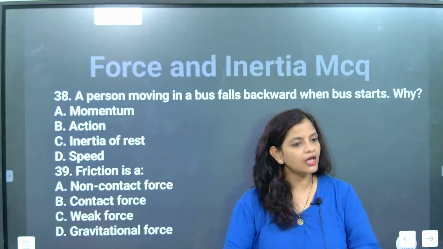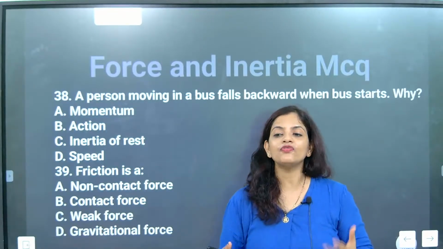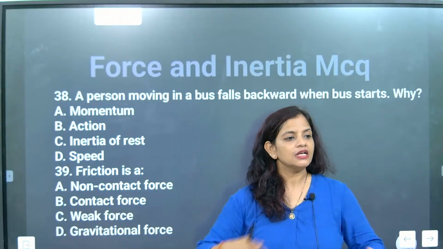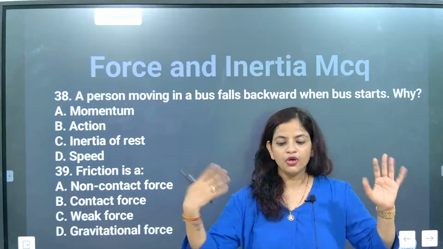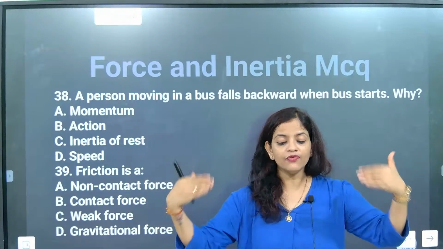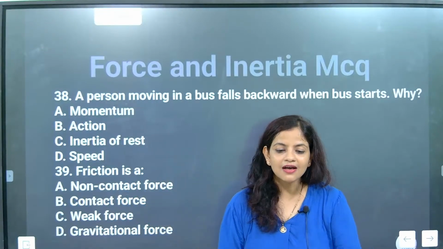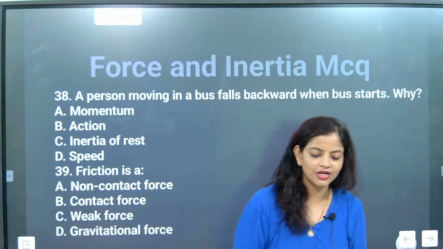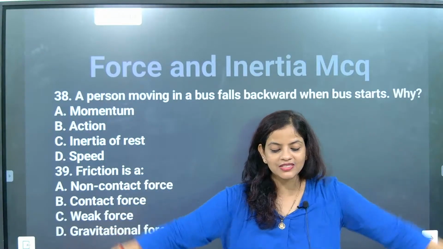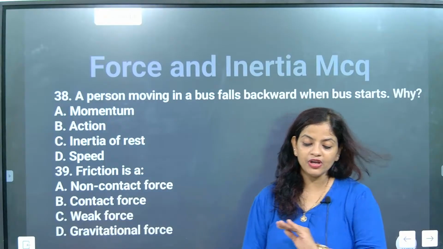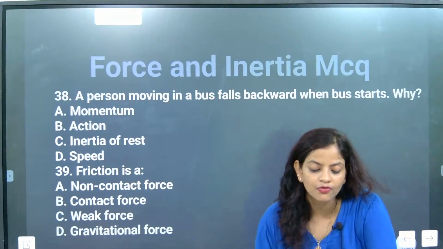In the same way, for a moving vehicle, the lower part is in motion, the upper part is at rest. Suddenly, when the bus stops, you will move forward. Why will you move forward? Because there is a direct stop of motion in the lower bottom region, which is in contact with the floor. Understood? I hope, children, you have understood it. Everybody gave a perfect answer.